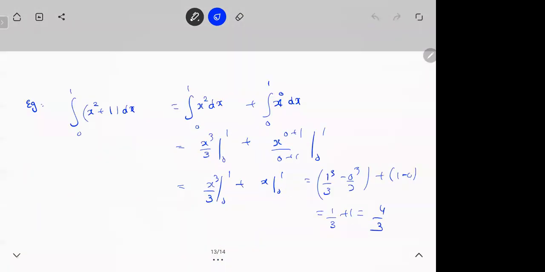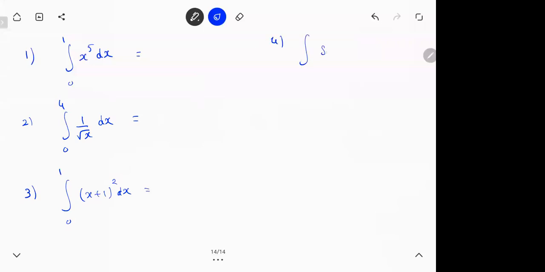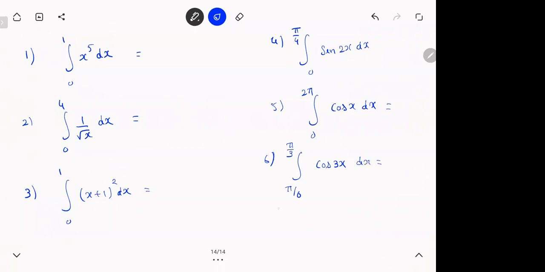Let's see some problems. So basically, these are the 5 formulas and 2 identities. Yeah, let's get these 7.